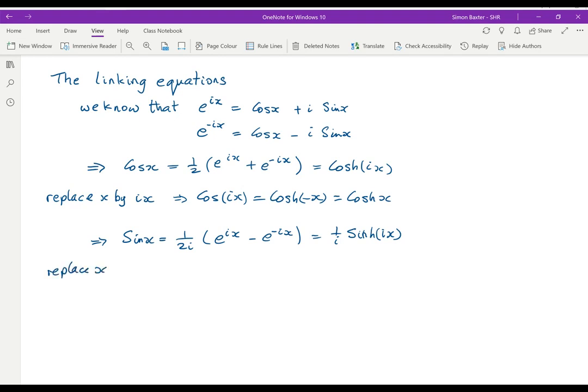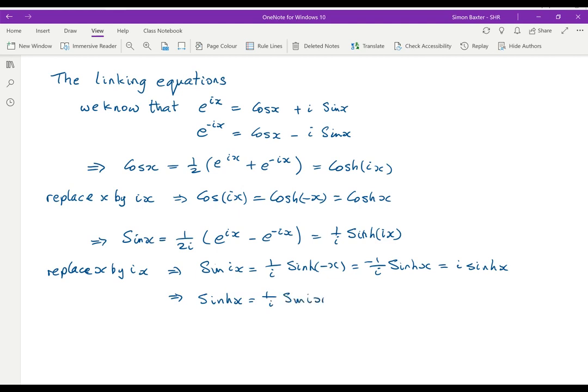Replace x by ix, and we get sinh of ix is 1 over i sin of ix times i, which is minus x, which is minus 1 over i sinh x, because sin of minus x is minus sin of x, and that gives us i sinh x. And so sinh x is 1 over i sin ix.